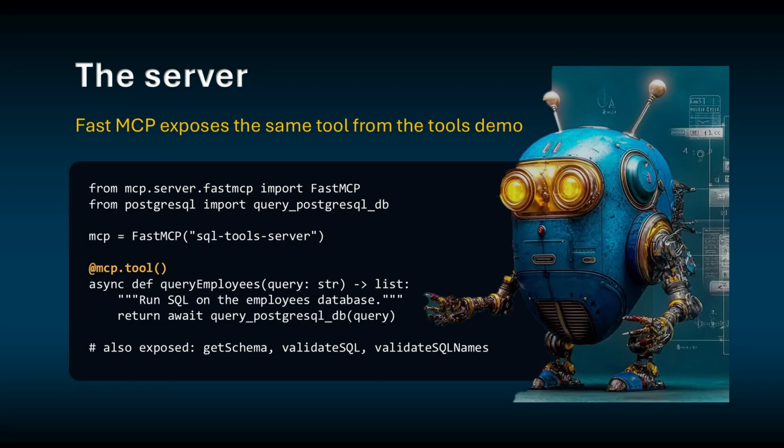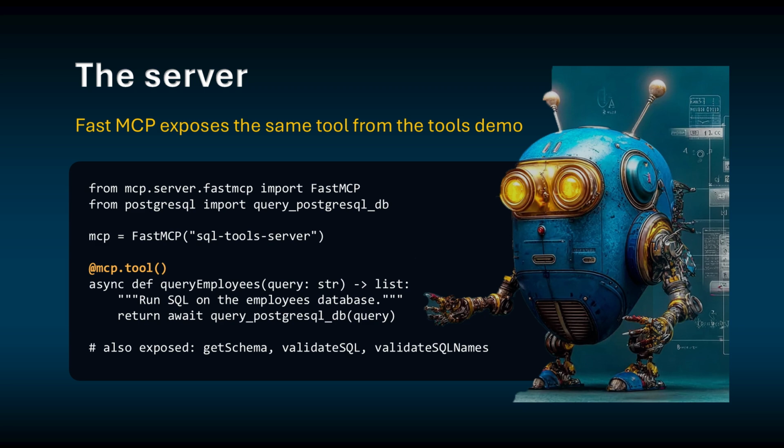This is the server. We build it with FastMCP, and we expose 4 tools on it. There is getSchema, which returns the database layout. There is validateSQL, which checks the syntax. There is validateSQL names, which checks the tables and columns against the schema.